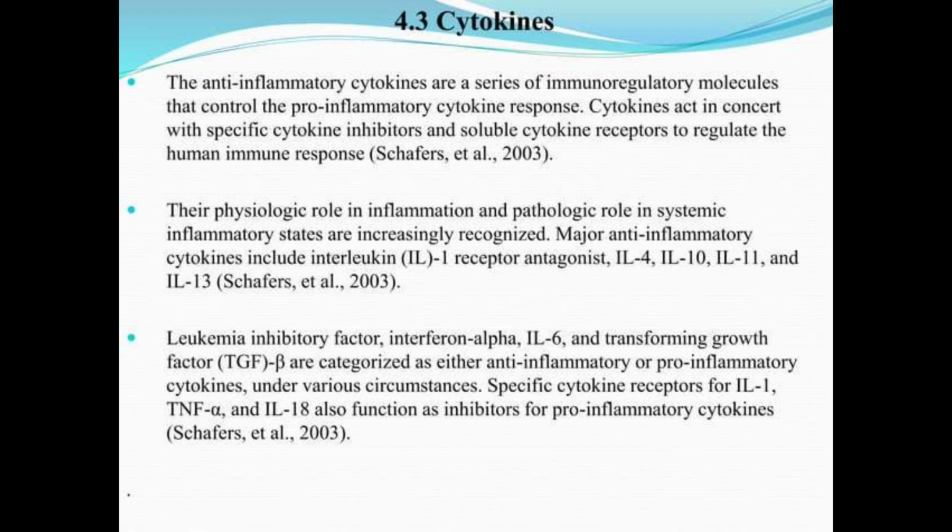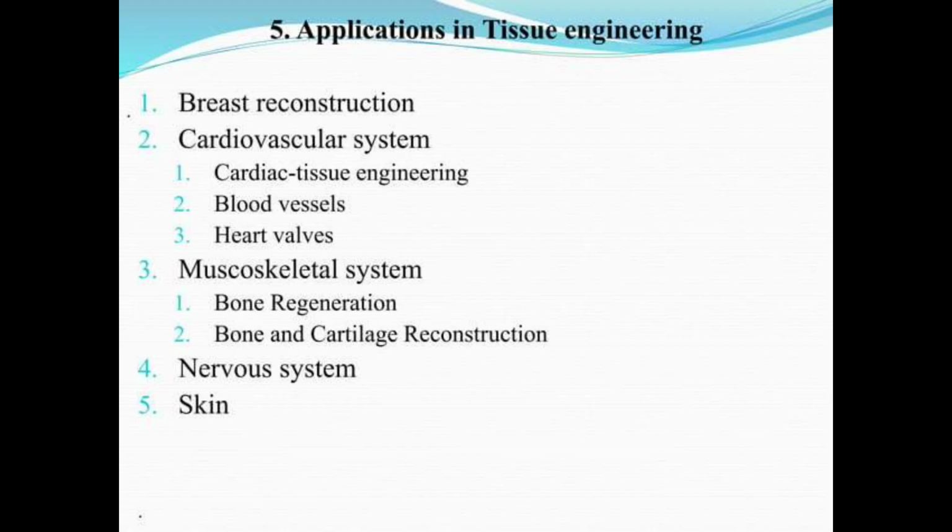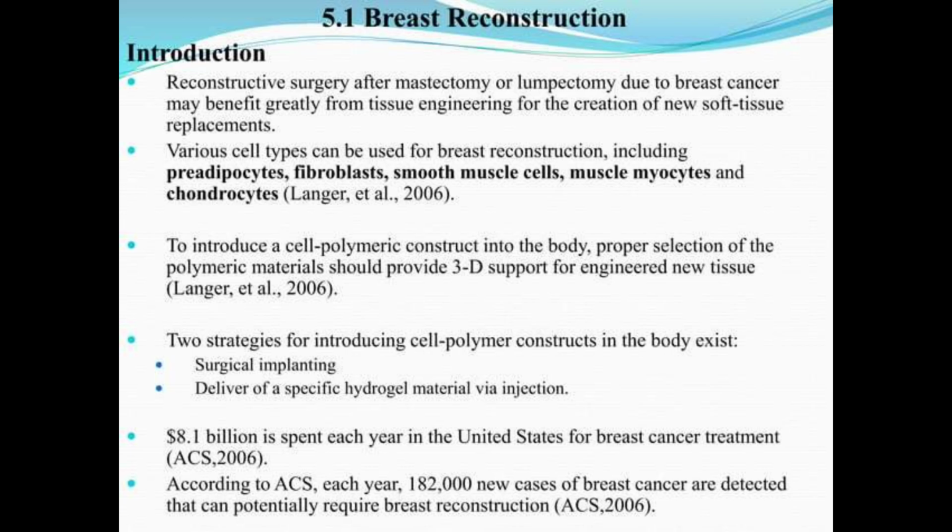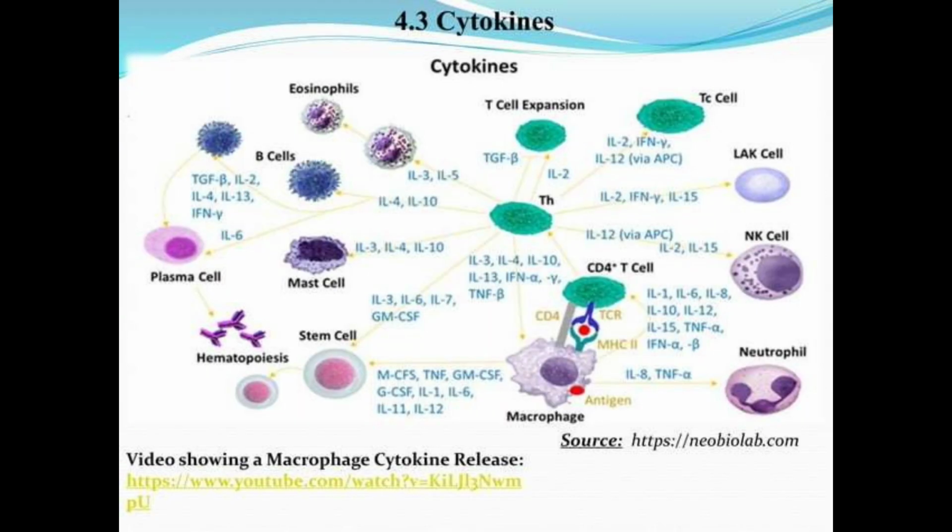Further, we have TGF-beta, that is transforming growth factor beta, also acting upon leukemia inhibitory factor. Here is the diagram which shows the various cytokines that are associated with our cell proliferation process.